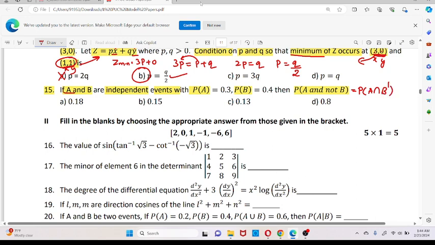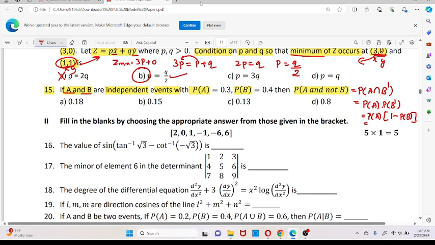Since A and B are independent events, A and B dash are also independent. So directly we can go through this as P(A) into P(B dash). Again, P(A) into P(B dash) can be written as P(A) into 1 minus P(B).